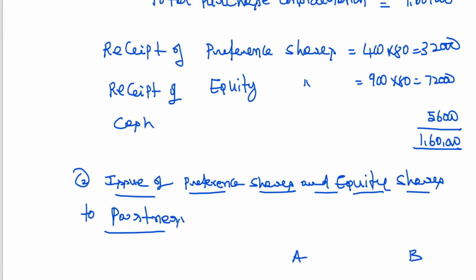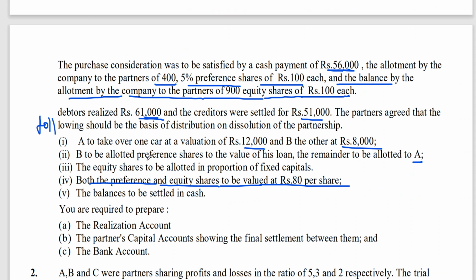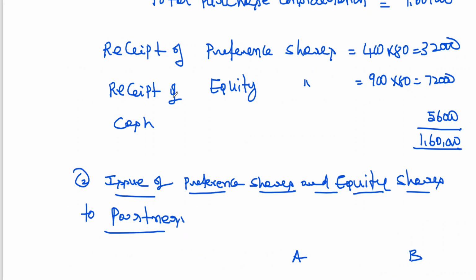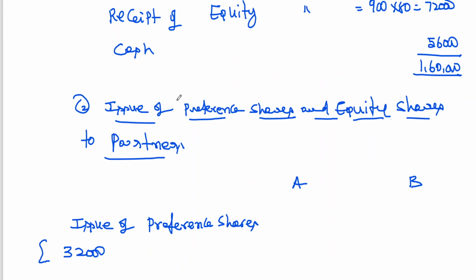Out of 32,000, it says that B is to be allotted preference shares to the value of his loan, and the remainder to be allotted to A. What is B's loan? 30,000. That means out of 32,000, 30,000 worth of shares is given towards B's loan, and the balance shares are given to A.